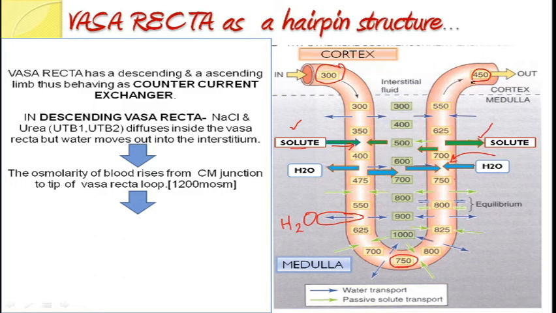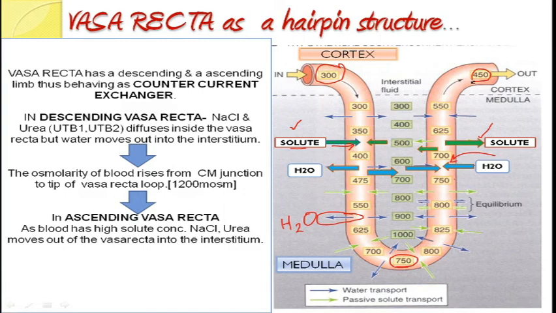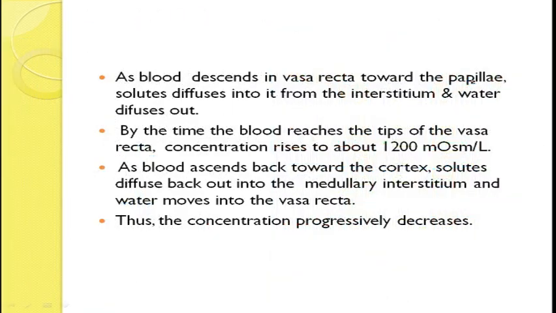This special arrangement of the vasa recta as a U-shaped tube prevents any loss of the solute, and as the solute moves up in the ascending limb, it is reloaded back into the medullary interstitium, preventing loss of the medullary hyperosmolar environment.